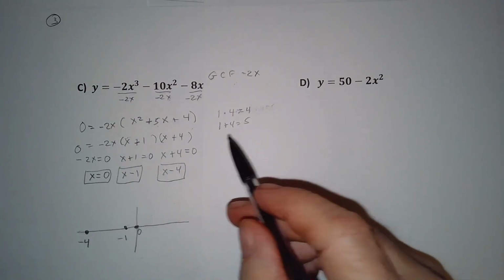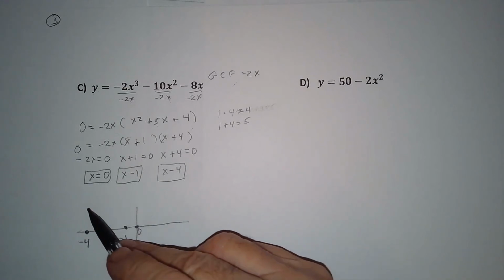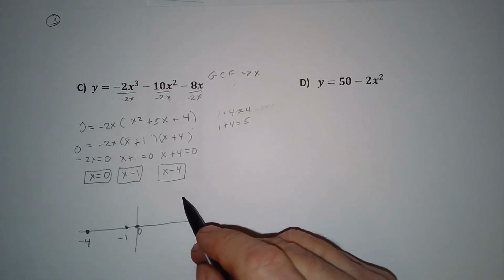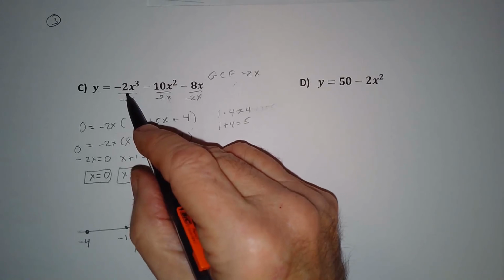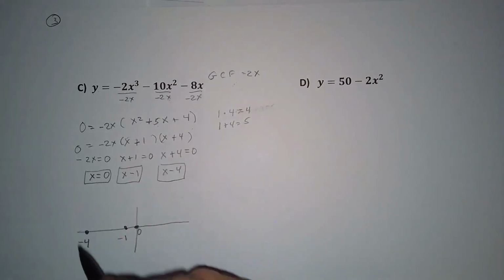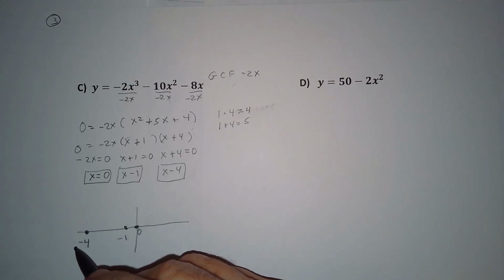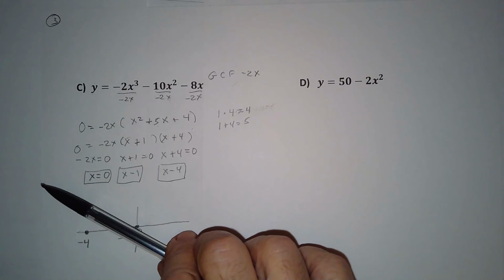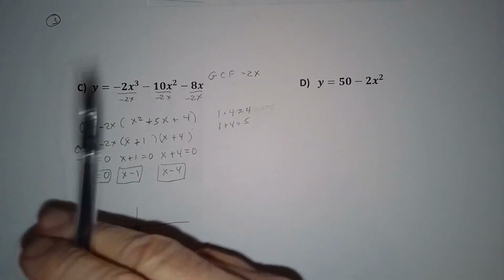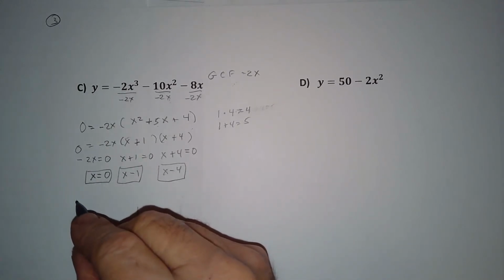Now the question is, again, does my graph start up and go down or start down and go up? Well, leading term, negative. If it's negative, then the graph starts down. So to go down, obviously my graph's got to look like this, okay? So if that's the case, I start up.